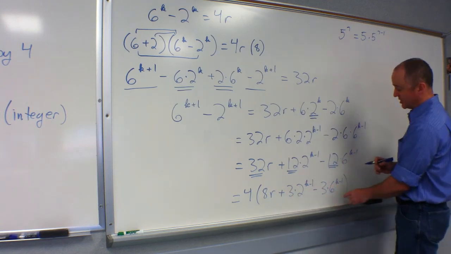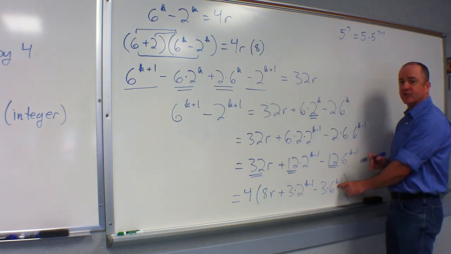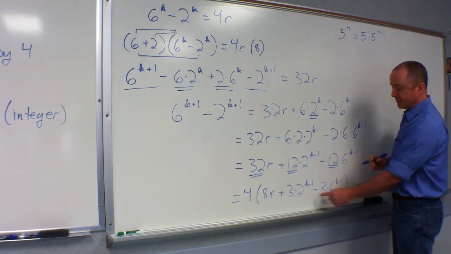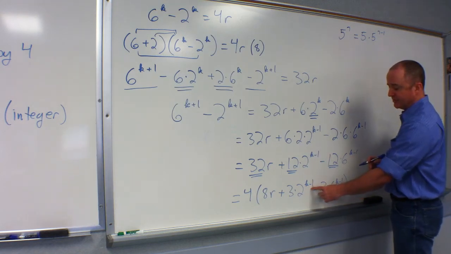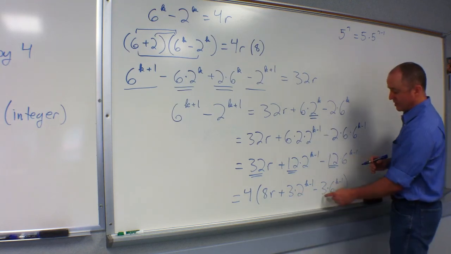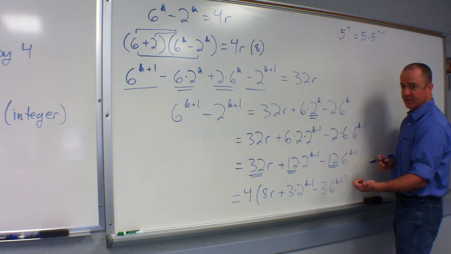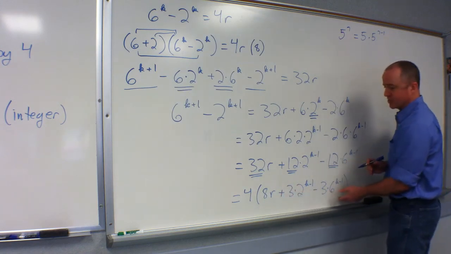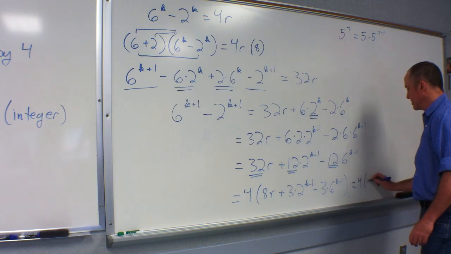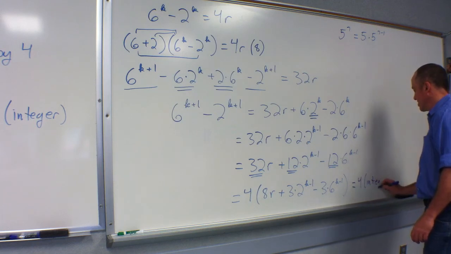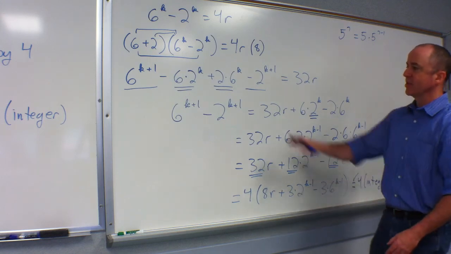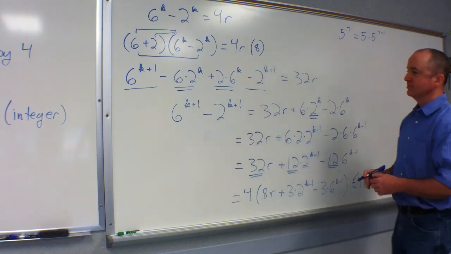That's why I'm going through this last step of saying, okay, assume k is an integer 2 or higher, then you'll be raising 6 to an integer power, you'll be raising 2 to an integer power, 3 times any integer will still be an integer, 3 times any other integer will still be an integer, and if I add 3 integers, I will still get 4 times some integer. So this rule is always divisible by 4.